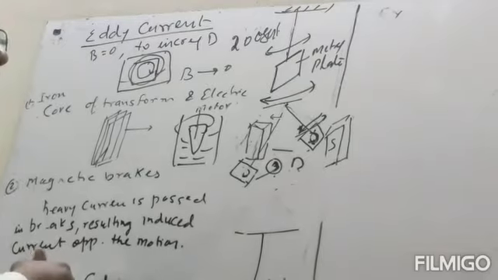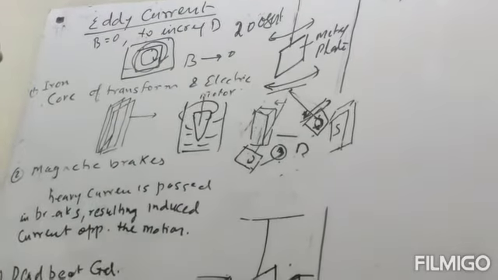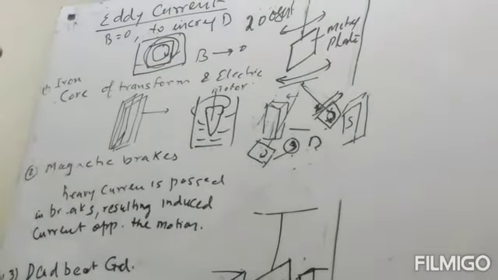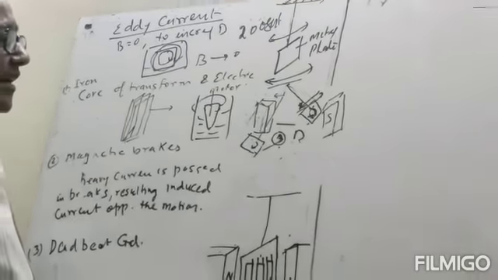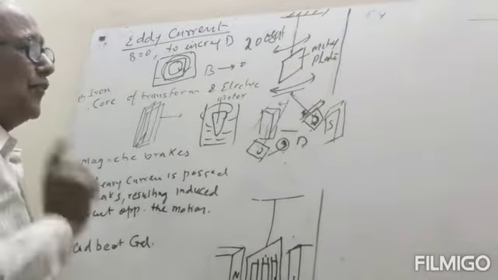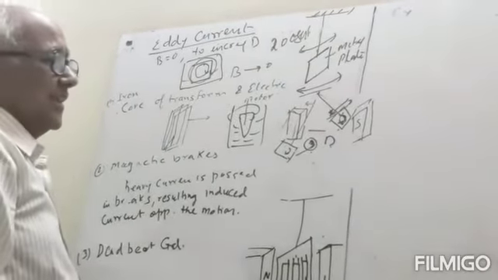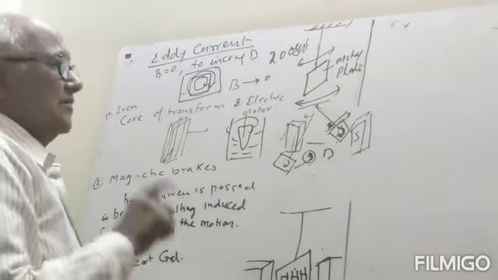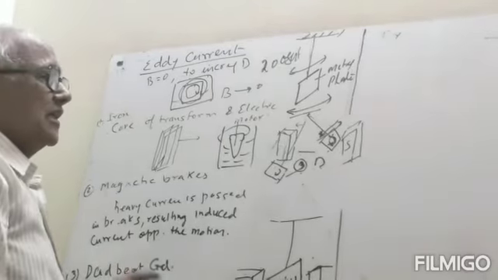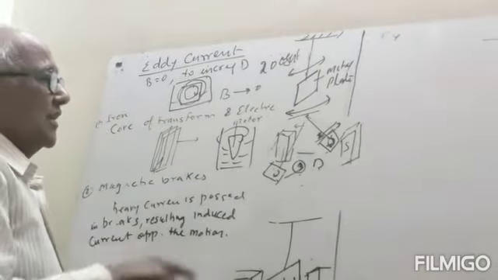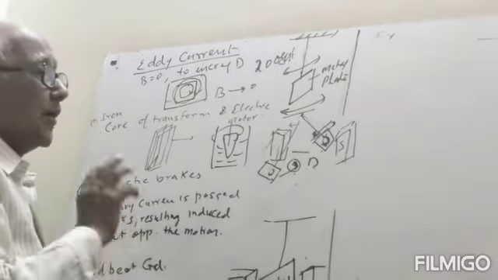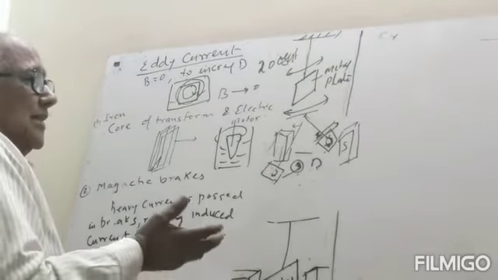Eddy currents are produced when there is a change in the magnetic flux. When there is a change in the magnetic flux, the free electrons in the metal plates produce a concentric or closed path of induced current, and this induced current will always oppose the motion by Lenz's law.